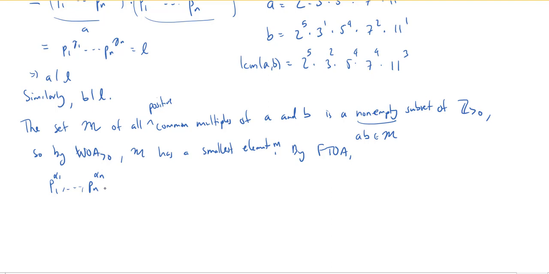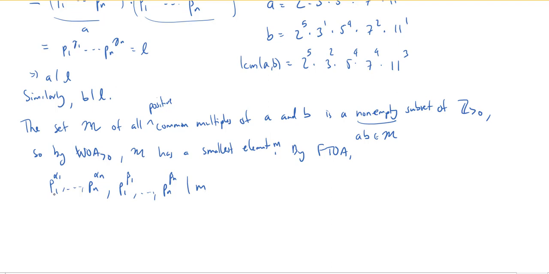That has to divide M, because A divides M. And similarly, P1 to the beta 1 has to divide M, and Pn to the beta n has to divide M, because B divides M. So these all have to divide M.